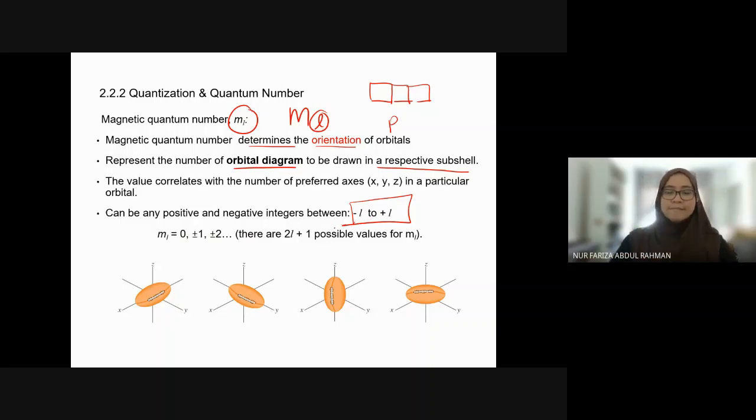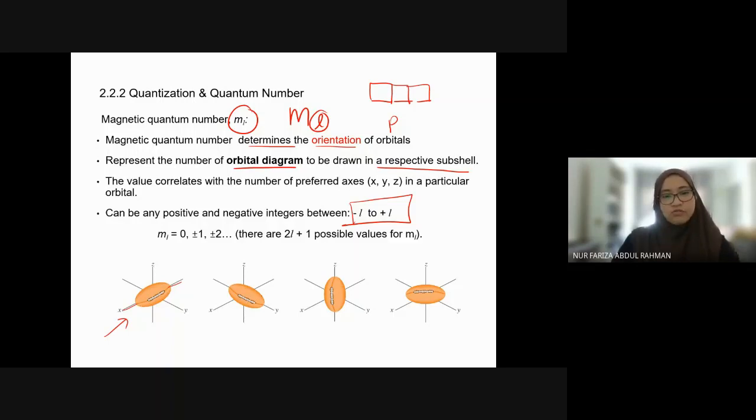For example, this is what I meant by orientation. So we have X orientation because the shape of the orbital itself is on the X axis.